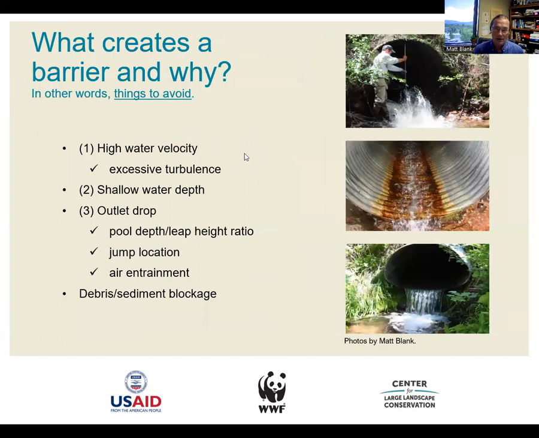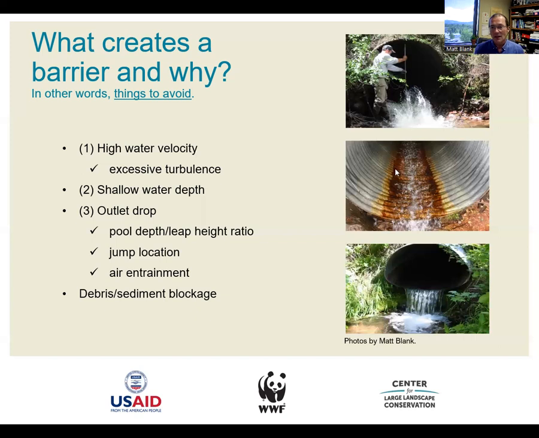But what creates a barrier and why? In other words, what do we want to avoid creating in these river and stream systems? There are a few things. The first would be high water velocity, which this upper right photograph shows. When structures are designed too small, they can concentrate the flows and increase the flow rate, which increases the velocity and therefore creates a barrier to fish that can't swim very fast.